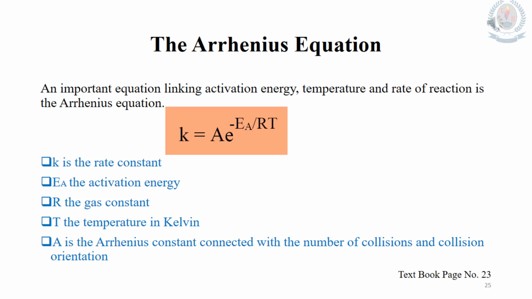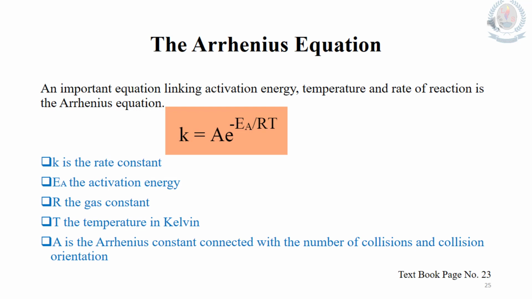Arrhenius equation. It is an important equation linking activation energy, temperature and rate of reaction. The Arrhenius equation is k equals A e exponential minus EA over RT.